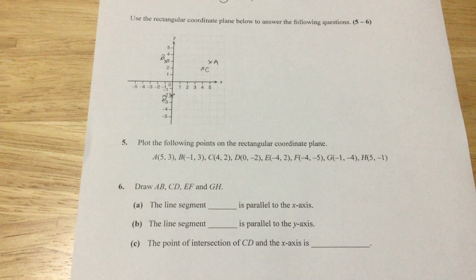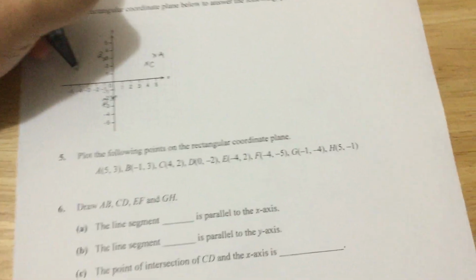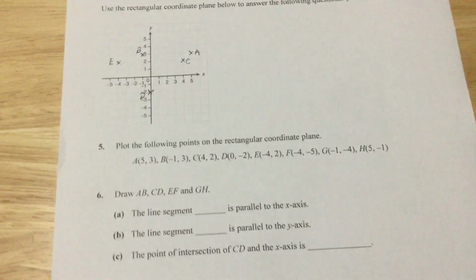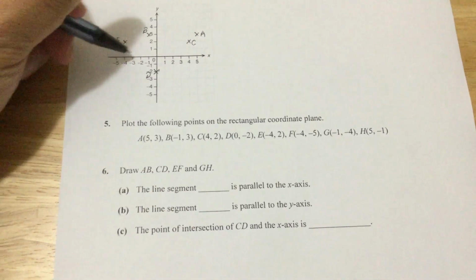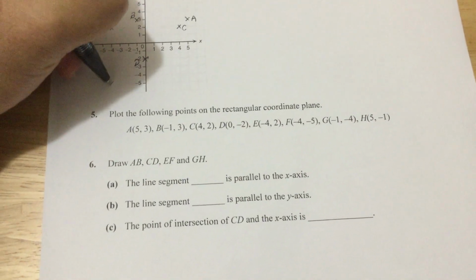For point E, you have -4, 2. That is E. And then for F, that is -4, -5. That means you go to the left by 4 units and go downward by 5 units.